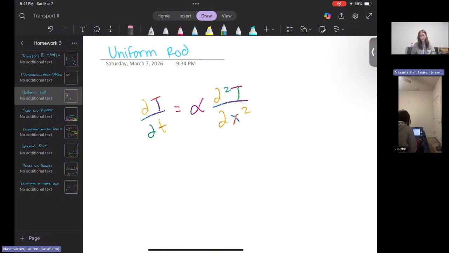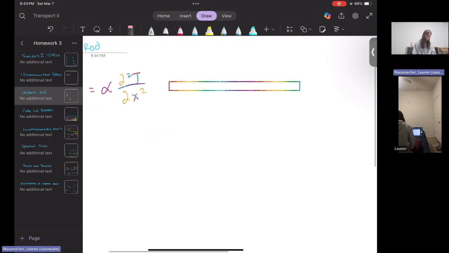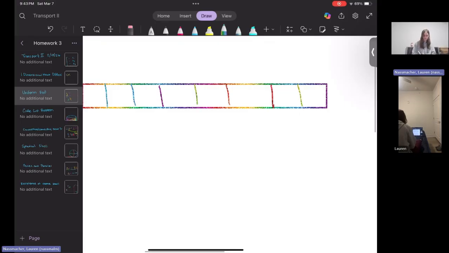From that, we can apply our method. To solve this equation numerically, we will draw our rod, and we will divide the rod into small, equally spaced segments. Call that delta x.